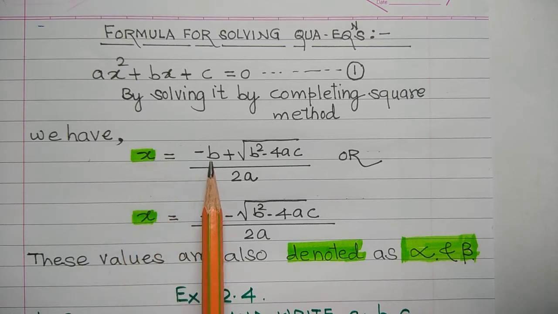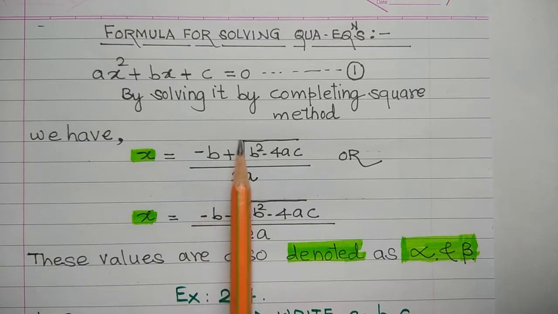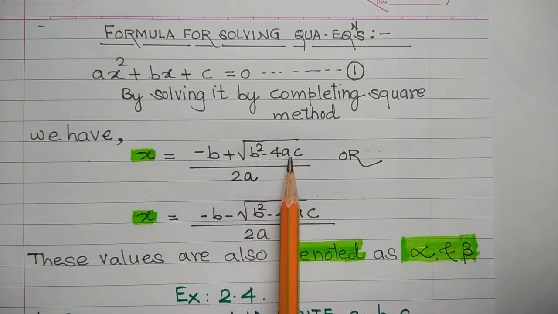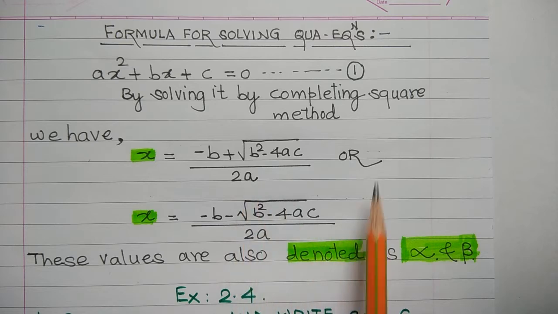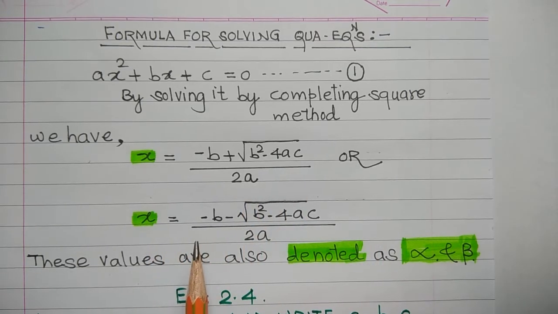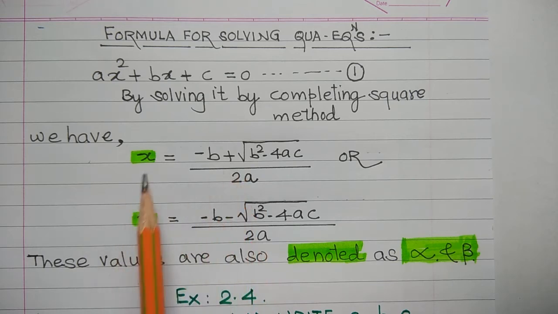First value: x is equal to minus b plus under root of b square minus 4ac upon 2a, or x is equal to minus b minus under root of b square minus 4ac upon 2a. These are the two values of x.